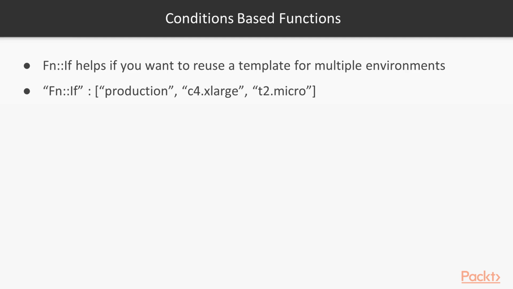So what this will do is, if the environment is production, then c4.xlarge will be selected. If the environment is not production, then t2.micro will be selected. So this is the function if. Along with that, there are various other functions like and, not, or, and they have simple use cases.